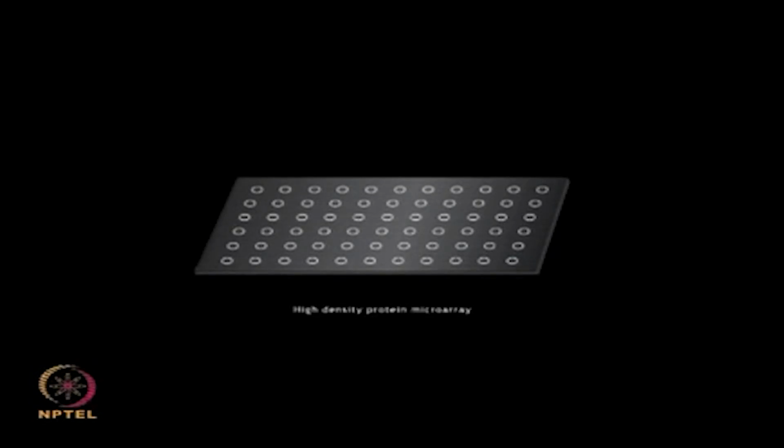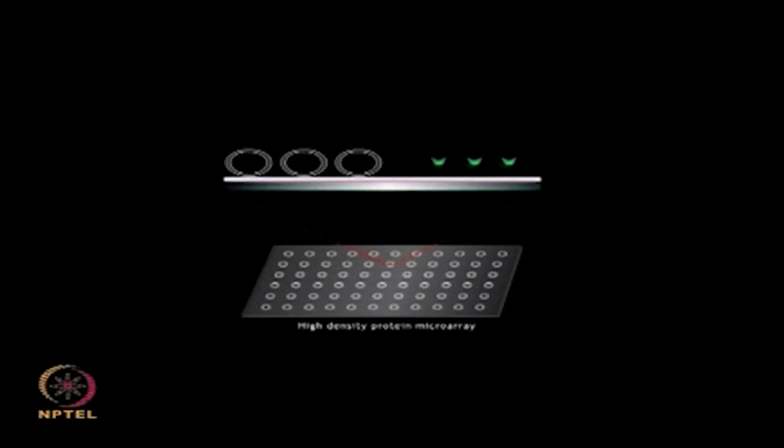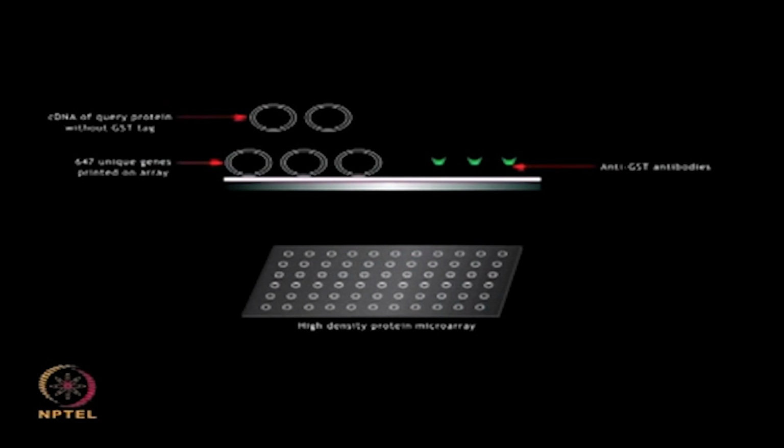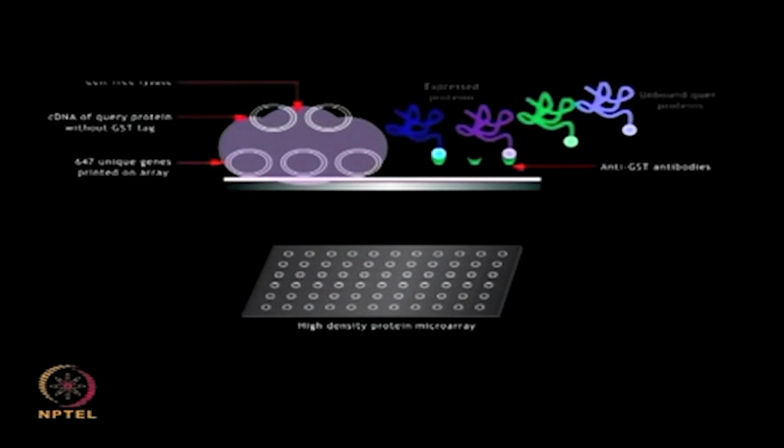High density NAPA approach for studying well characterized gene pairs, study by Ramachandran et al. 2008. In this study, authors made use of high density nucleic acid programmable protein arrays to study protein-protein interactions. 647 unique genes were printed onto the array surface and expressed by adding the cell-free expression based system.